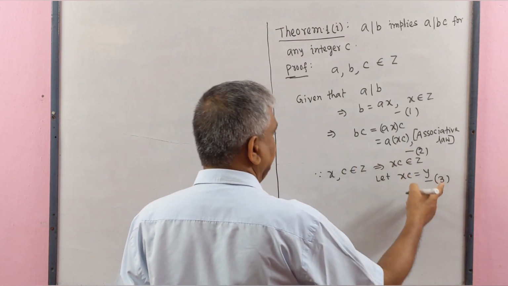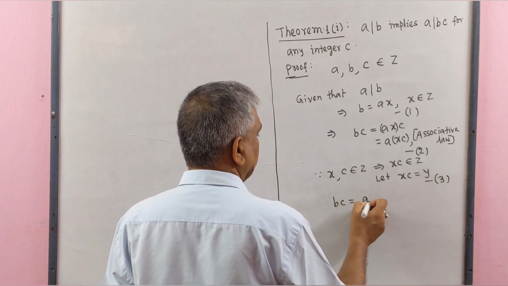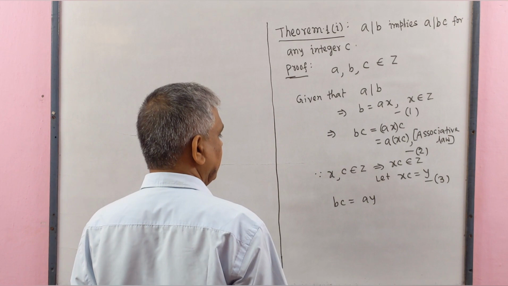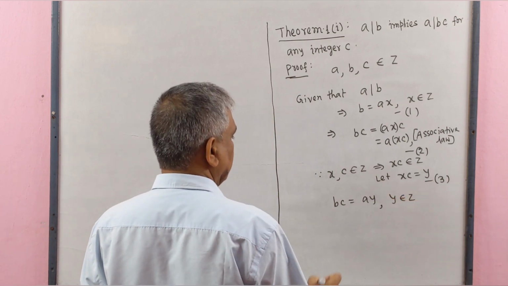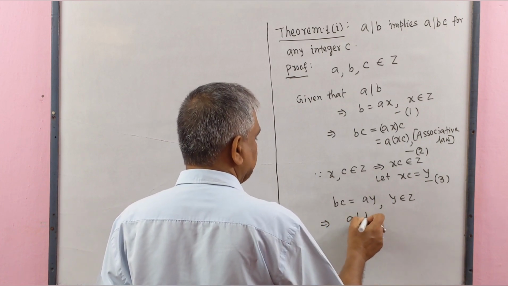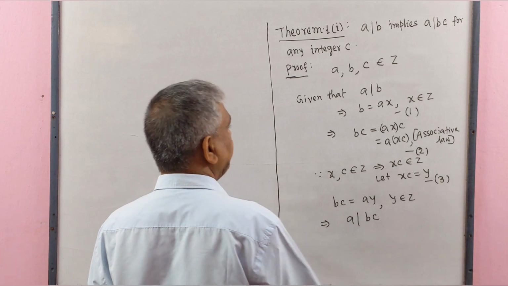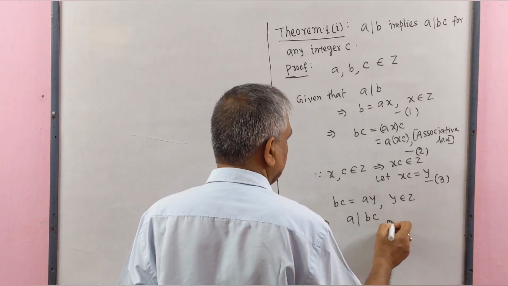From 2 and 3 we get BC equal to AY, Y belongs to Z. Implies that A divides BC from the definition of divisibility. Proved.